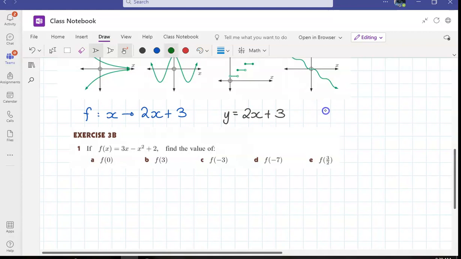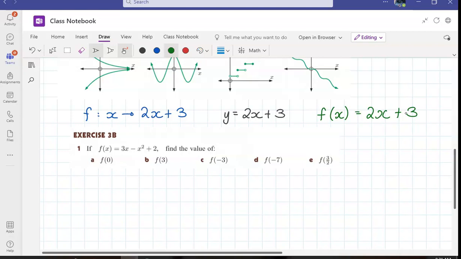F of x. And this is probably the one that I like the most. But it's just trying to make us look a bit smarter than we actually are, trying to scare the English teachers with symbols. Okay, but all of this just means, yeah, y equals.